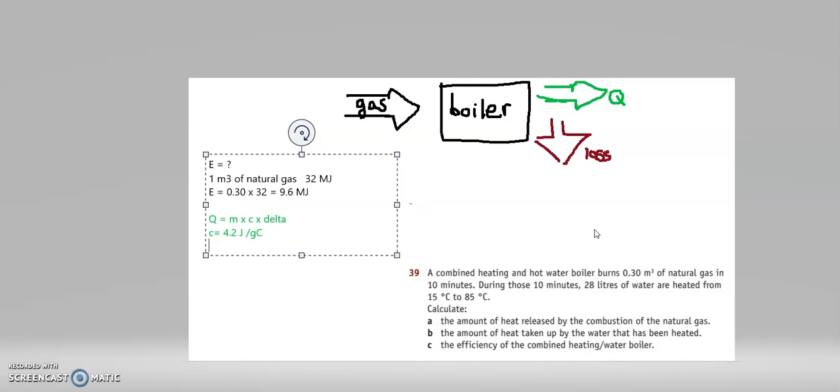And then we have delta T, the temperature difference, which is 85 minus 15, that gives us 70 degrees Celsius.